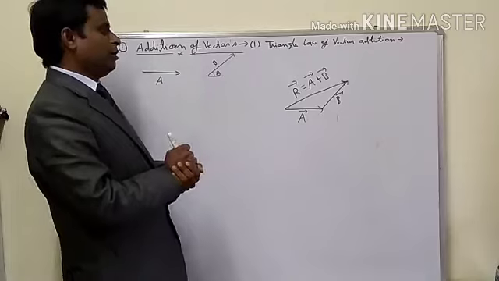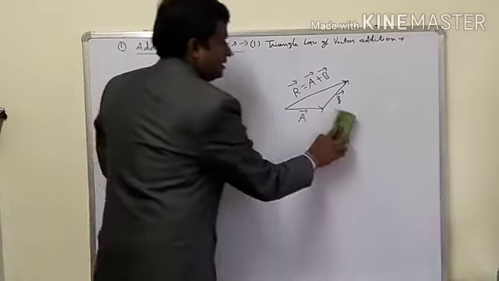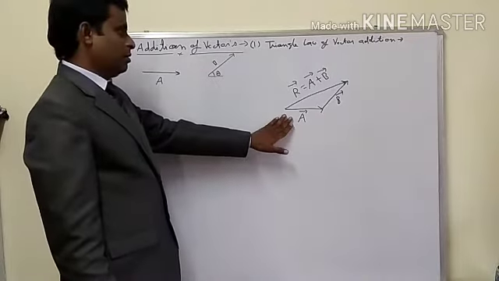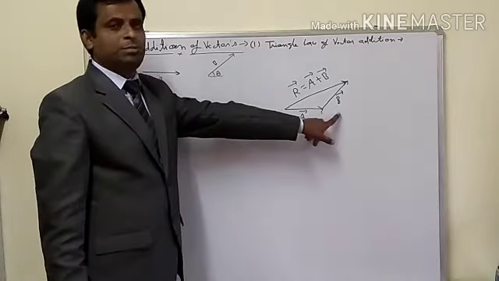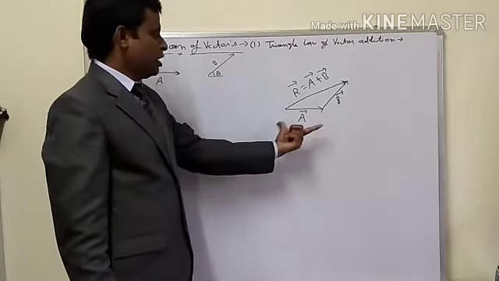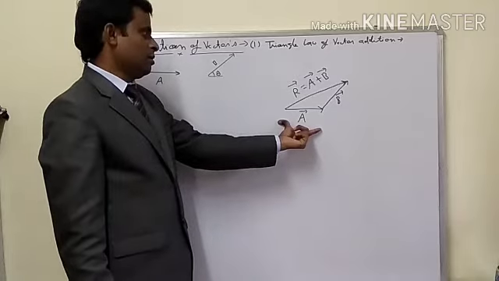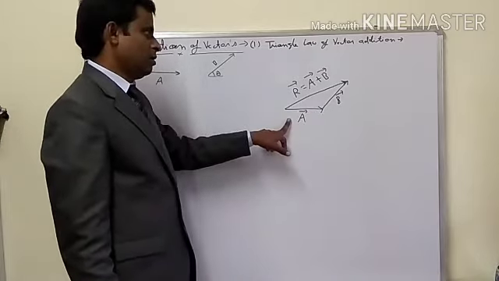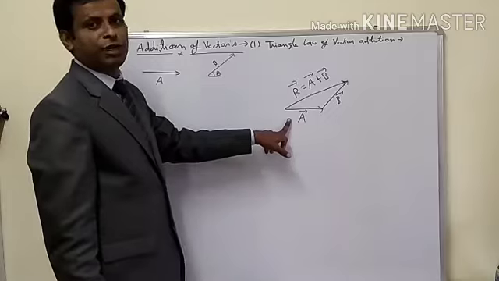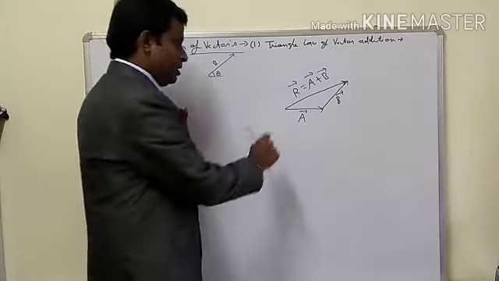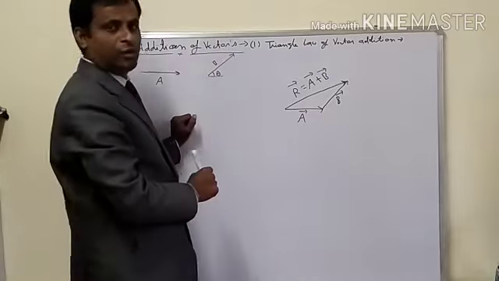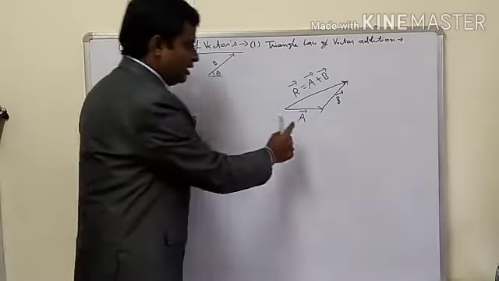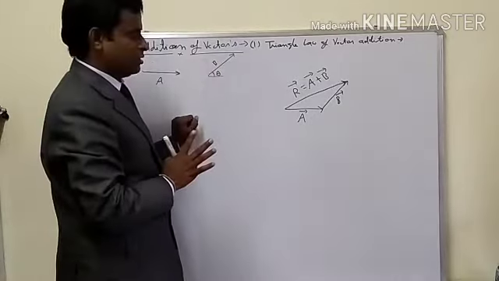The definition of the triangle law of vector addition is: if two vectors A and B are joined with each other as two sides of a triangle in terms of magnitude and direction, then the closing side of the triangle will represent the direction as well as the magnitude of the addition of the two vectors. This is the definition.